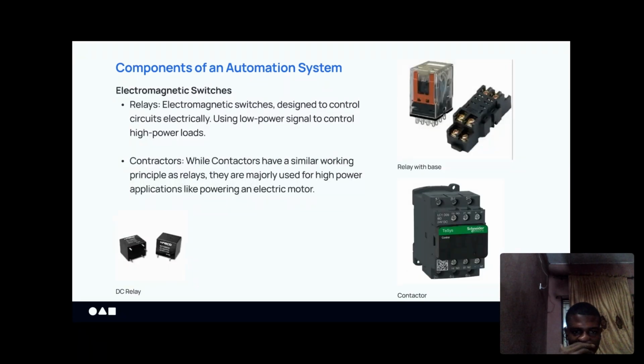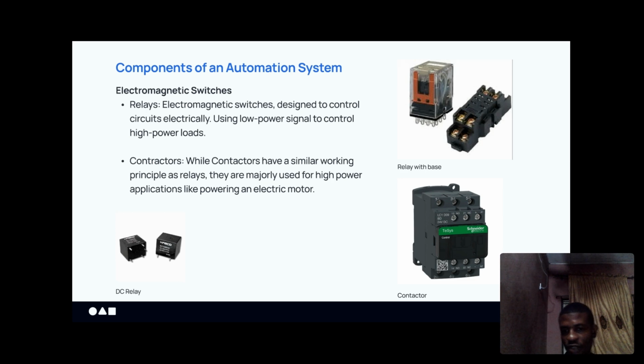So other components of the automation system are electromagnetic switches. The basic electromagnetic switches we have are relays and contactors, while there are solenoids too, but they also have a similar function as the relay and contactor.